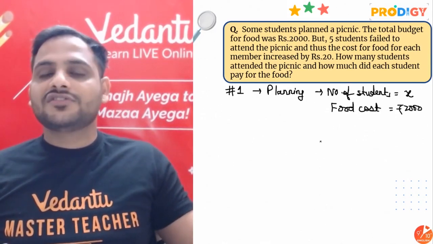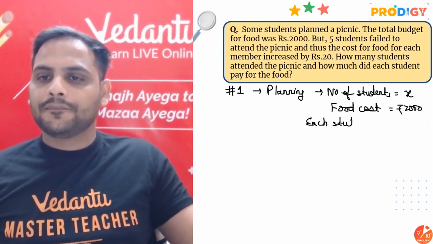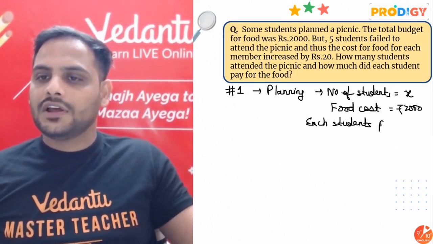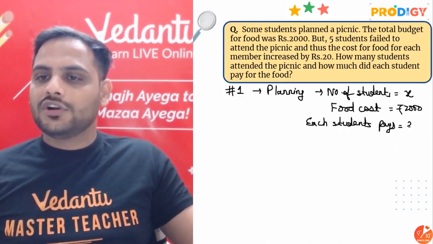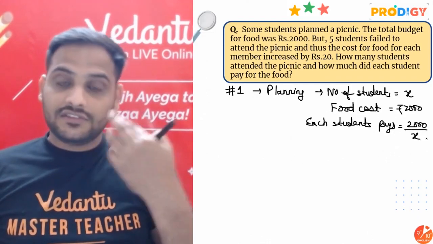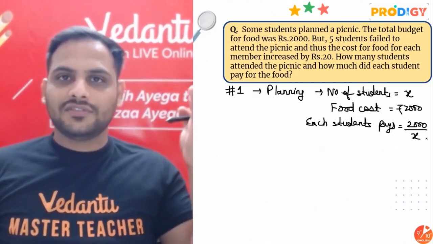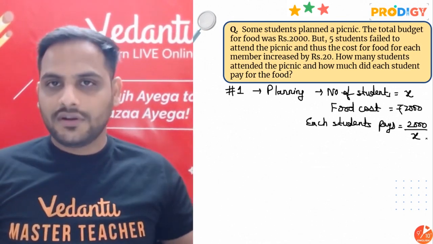So how much will each student pay? Each student pays 2000 divided by the number of students x. Obviously, suppose 2000 is the total budget and 10 friends went, everyone will pay 200.